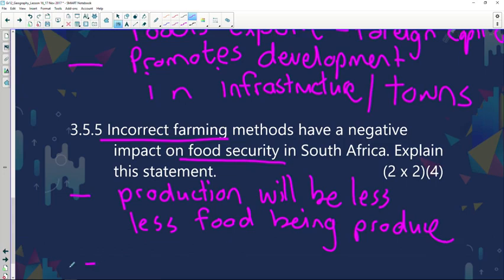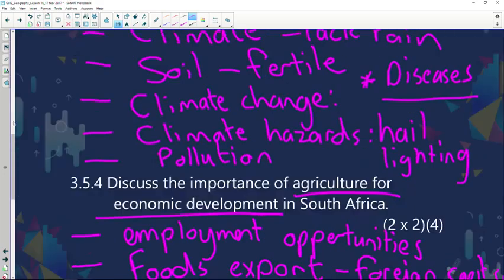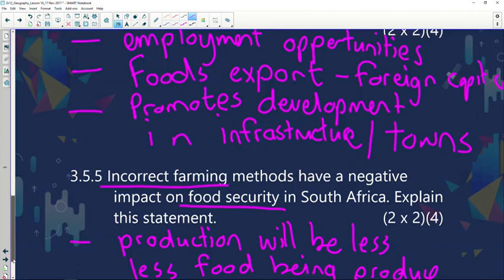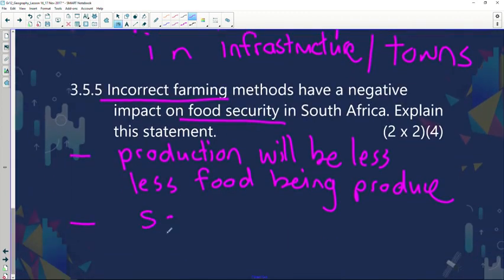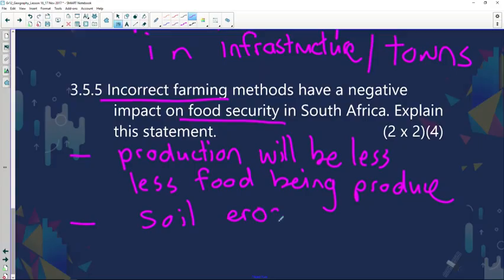Now, another concern, incorrect farming methods, it creates soil erosion, and that's the last thing that we need in this country. We already discussed in the previous answer, many of our lands are not arable, not fertile. And if soil erosion has been created, it means we won't be able to use the land anymore, it won't be fertile anymore.